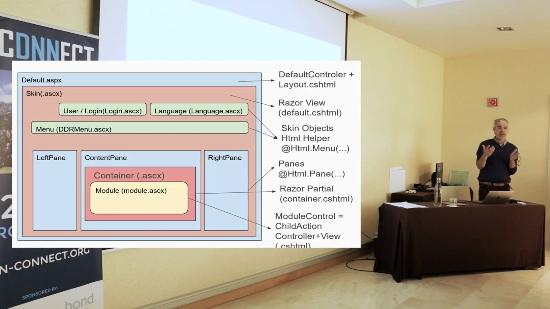The code behind of your web form controller goes to your controller file, and the ASCX, the HTML markup of your web form controls, goes to the razor view.